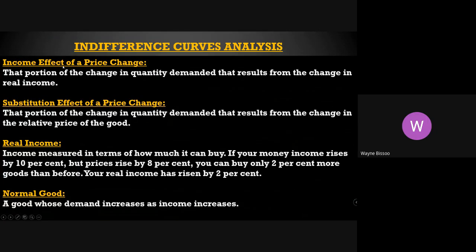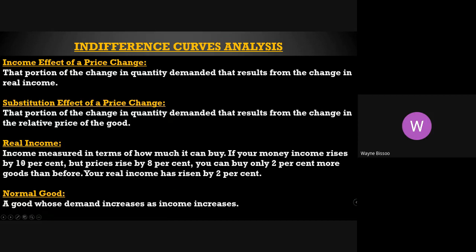So the income effect of a price change, that portion of a change in quantities demanded that results from a change in your real income. The substitution effect of a price change, that portion of the change in quantities demanded that results from the change in the relative price of the goods. Real income, all right, is income measured in terms of how much it can buy.